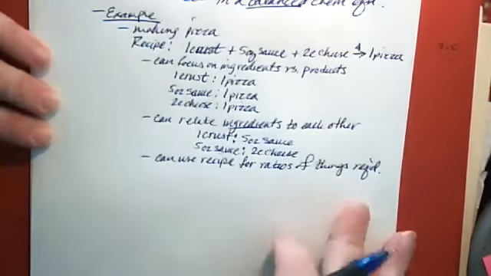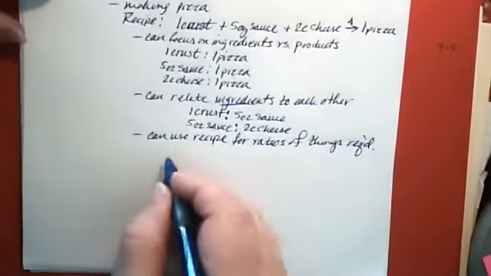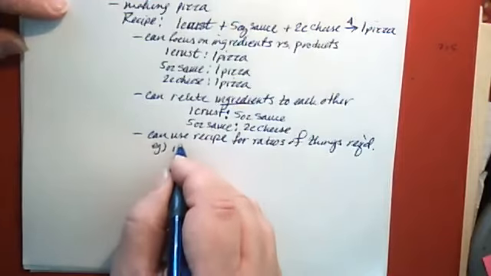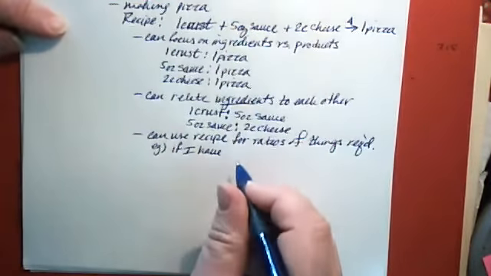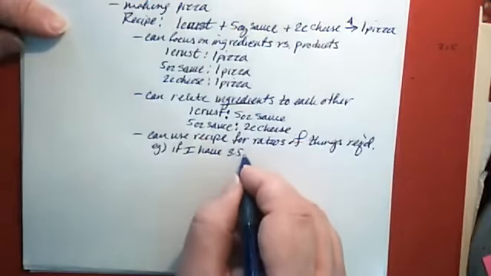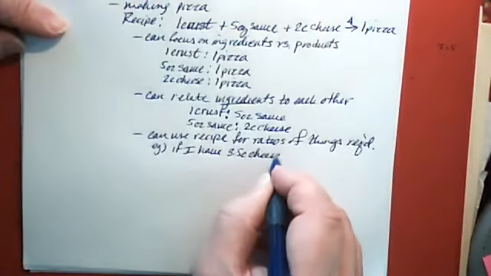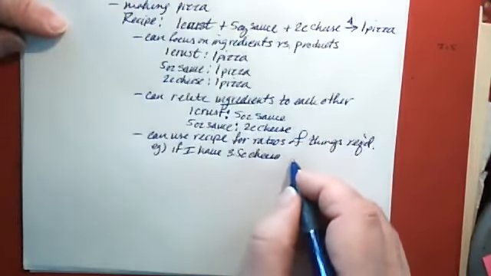So things required. Let's say if I have 3.5 cups of cheese, how many ounces of sauce do I need?